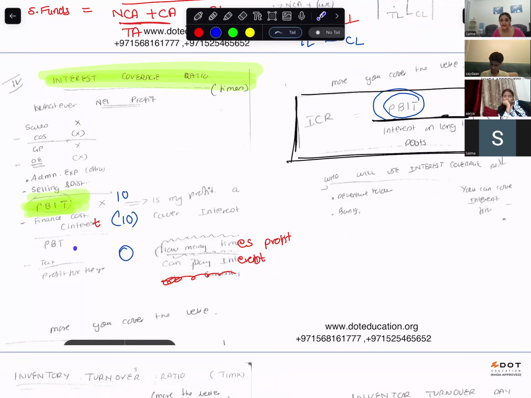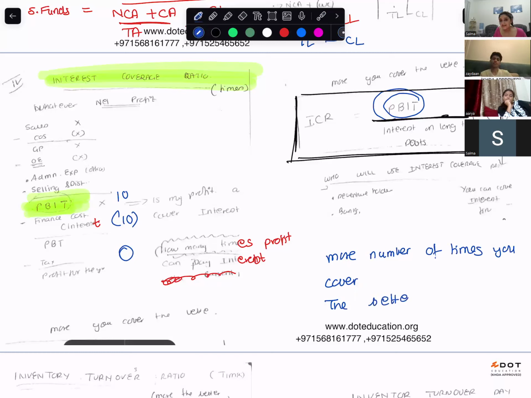When you minus your tax, you get the profit for the year. The more number of times you can cover your interest, the better. Okay?